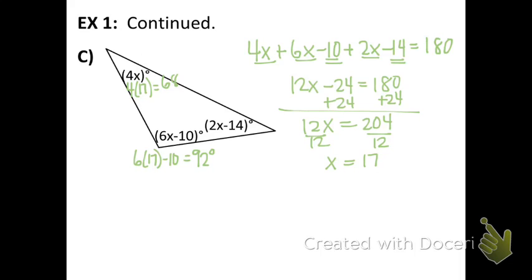For our last angle, we take 2 times 17, 34, minus 14 is 20. And then the last thing you could do is add all three to make sure that they equal 180 degrees. Which they do, so we know that we've done our algebra correctly.